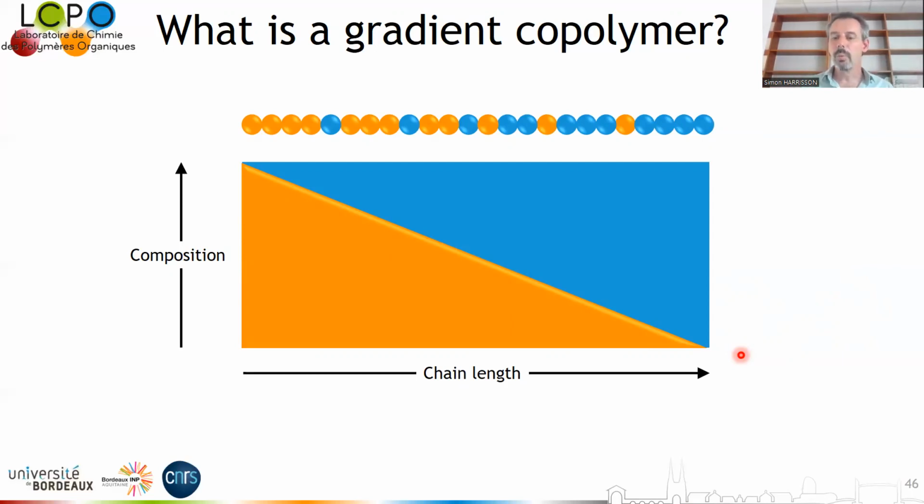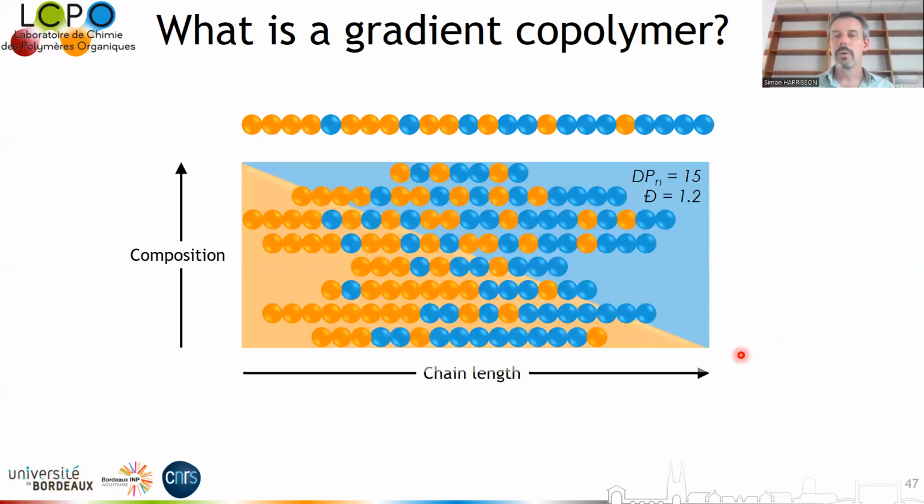And so when you try to simulate a gradient copolymer, we see that, yes, we have at one end all monomer A, at the other end all monomer B, and in the middle there's this transition from one to the other, but there's just an enormous amount of variation from one chain to another.